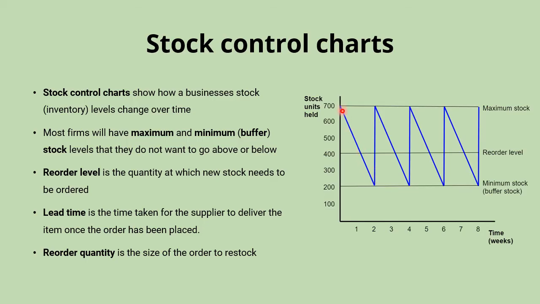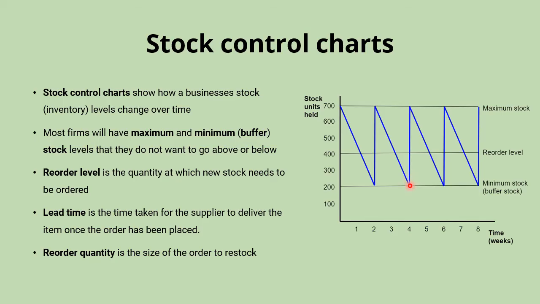So we're selling the stock at exactly the same rate, and our reorder arrives in exactly the same quantities each time. You might equally see stock control graphs where these lines become a little bit steeper to show that we're selling stock more quickly. Or if these lines become a little bit shallower, then that would show that we're selling stock more slowly.